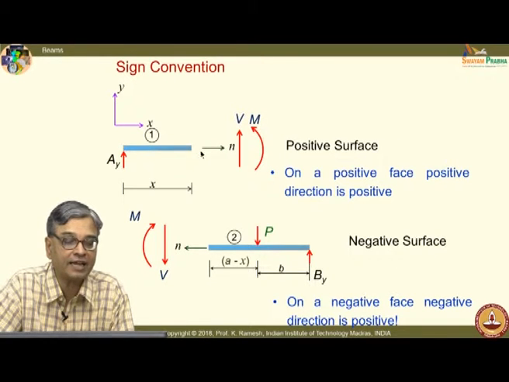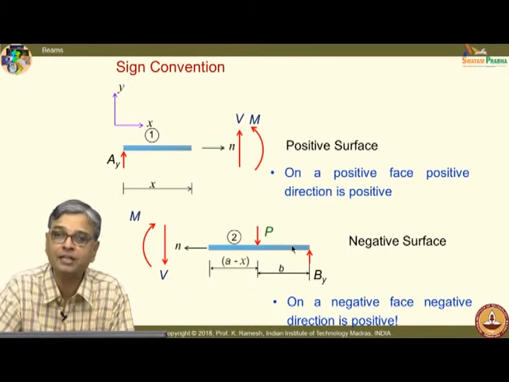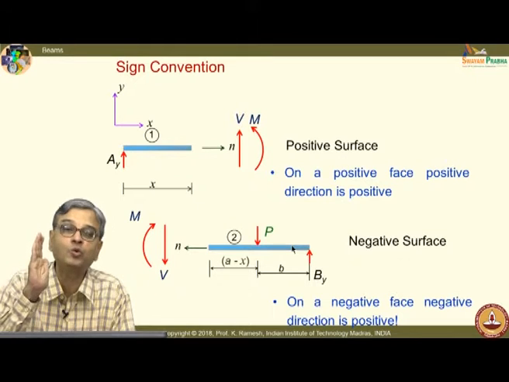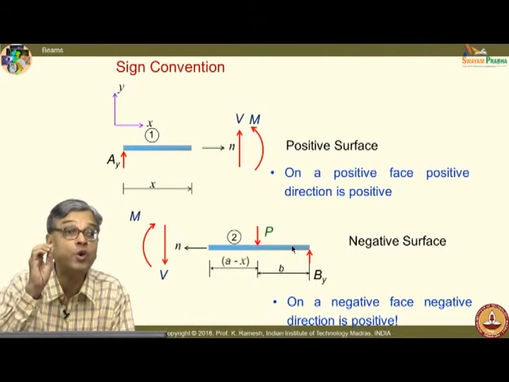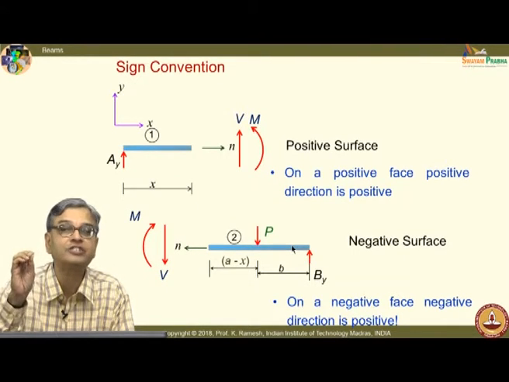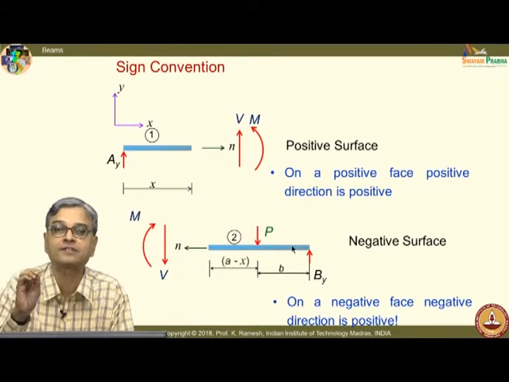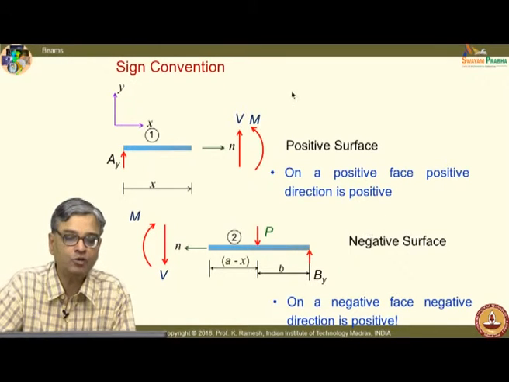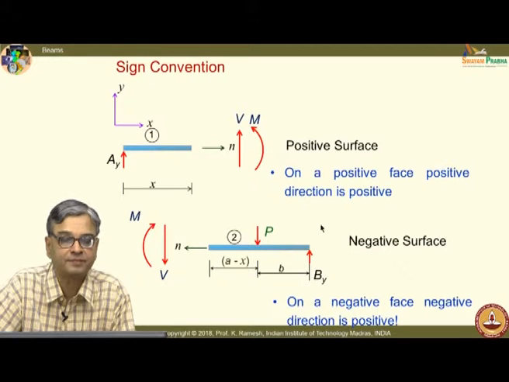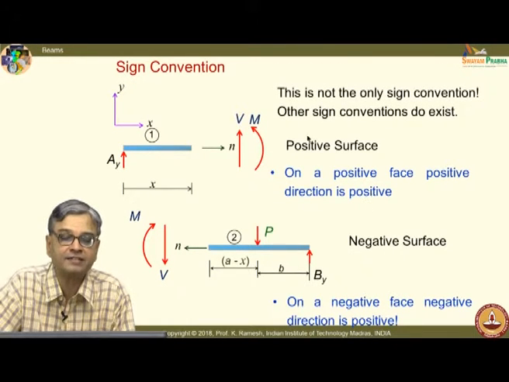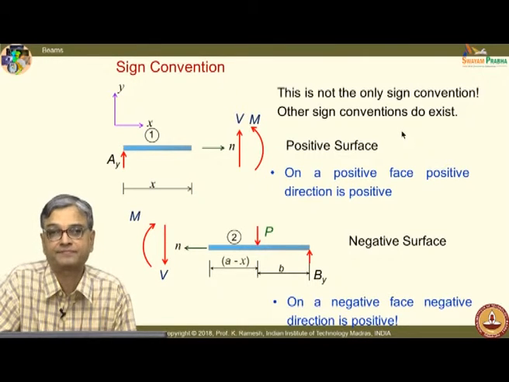No matter whether I analyze the left portion or the right portion, I should get one unique answer, including the sign on the shear force and bending moment. That is the focus. I have shown you one sign convention, and you should recognize that other sign conventions do exist.